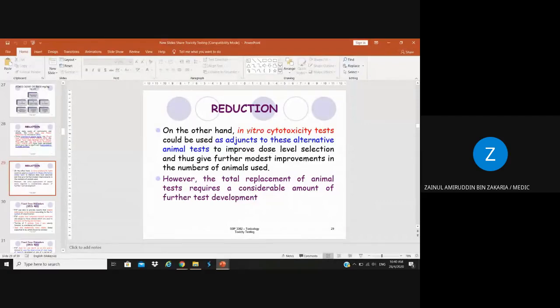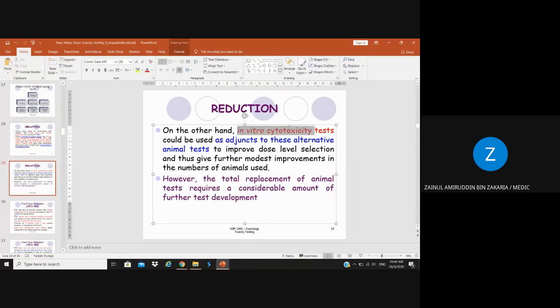Okay, other than the 3 alternative animal tests, scientists have also developed an in vitro cytotoxicity test. I think you are aware of this. Maybe you have been exposed to this. Prof. Daud normally uses this kind of test to study anti-inflammatory.